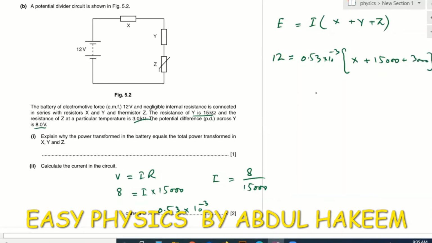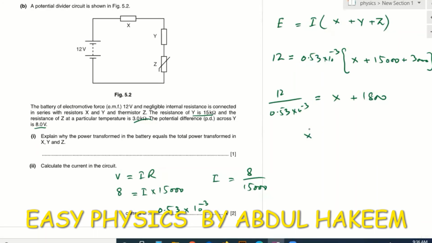So 12 divided by 0.53 × 10^-3 is equal to X plus 18,000, and X will be approximately 4.52 × 10^3 ohm, meaning 4.52 kilo ohm.